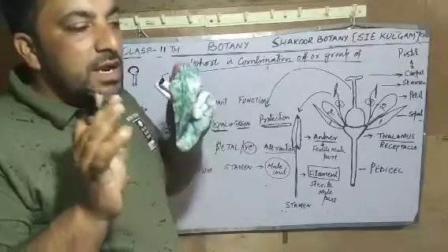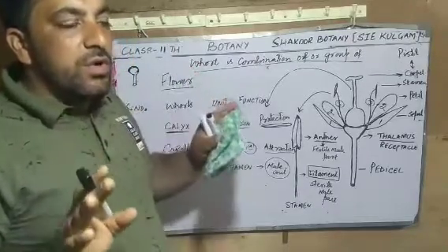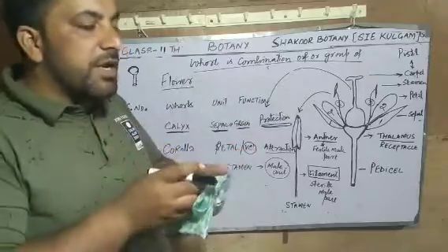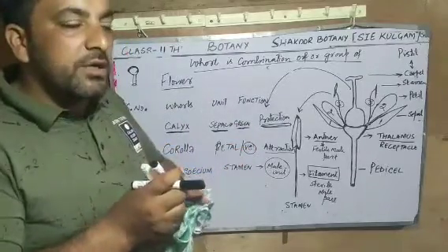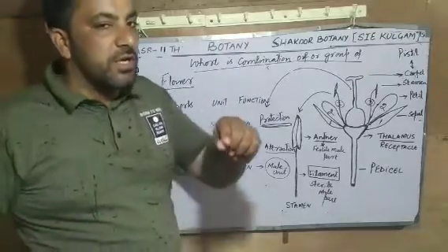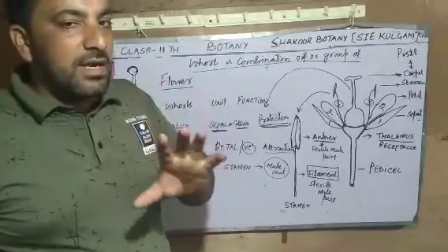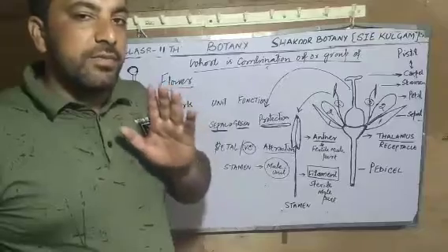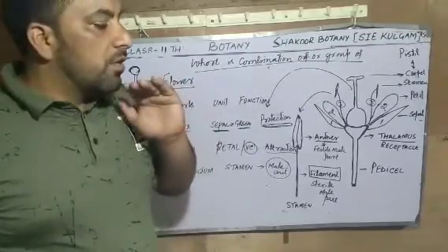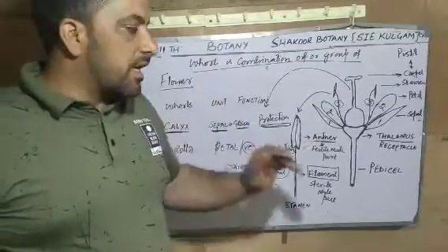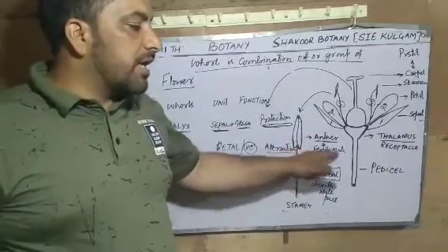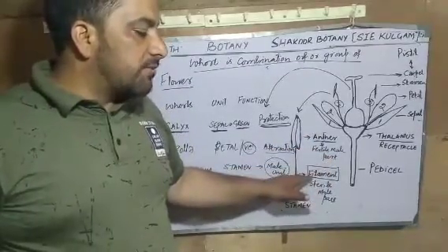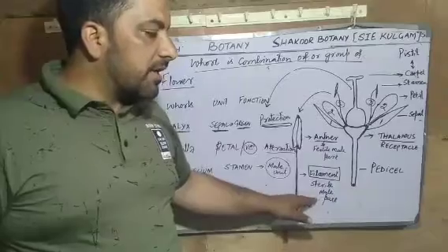That is why any structure which has no direct role in the process of sexual reproduction is called sterile. While any structure that is associated with the process of reproduction directly, उसको हम बोलते हैं fertile. तो एंथर मैंने बोला fertile male part है, while filament जो है sterile male part है.